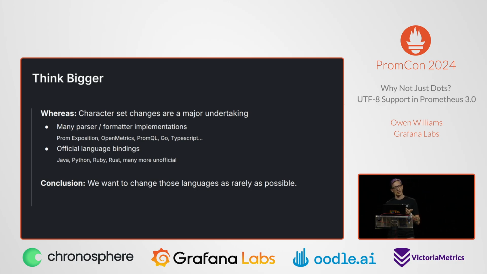For each implementation, there's the parsing version, which is reading in the text, and then there's the formatting version, which is creating it. There's the Prometheus exposition format, the OpenMetrics exposition format, the PromQL syntax, another implementation in Go, implementations in TypeScript for web validation, and all of the language bindings.